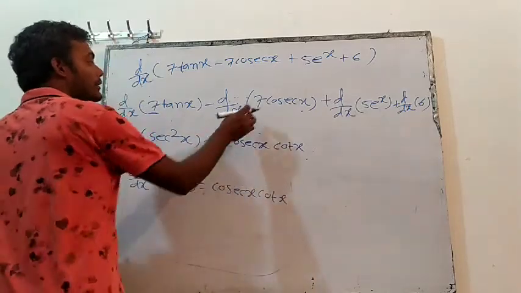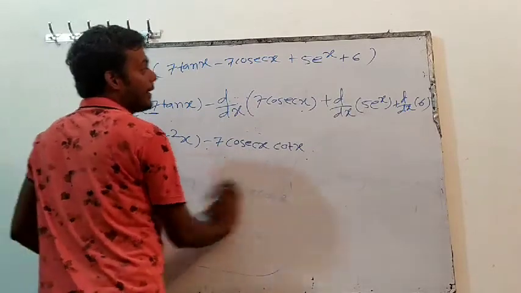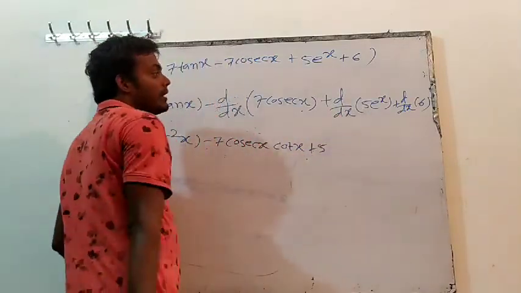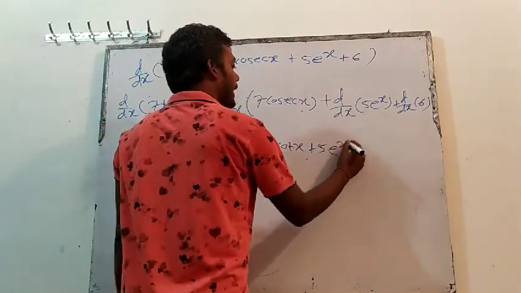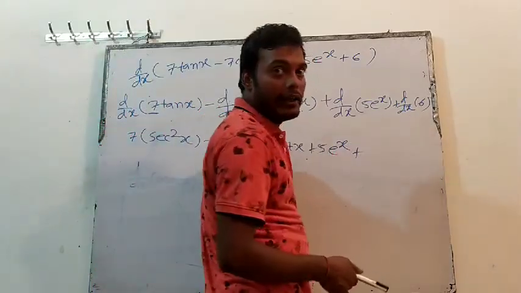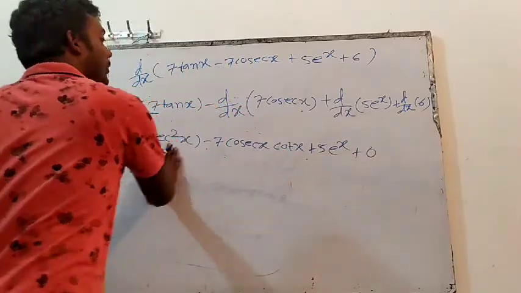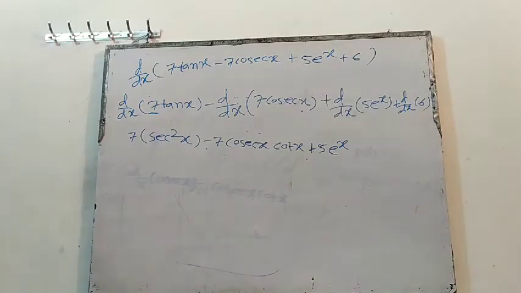So I have written 7 outside, cosec x cot x, plus 5 is constant, so it will be outside the differentiation. The differentiation of e to the power x is e to the power x, same. And 6 is a constant, so the differentiation of a constant is 0. This will be the answer.